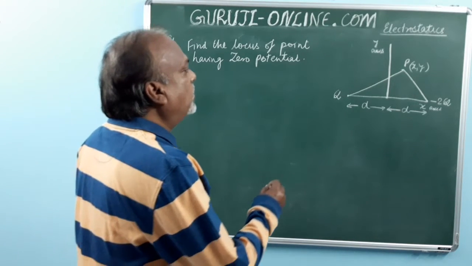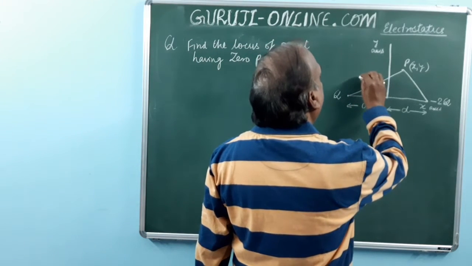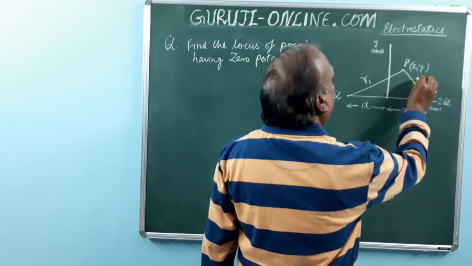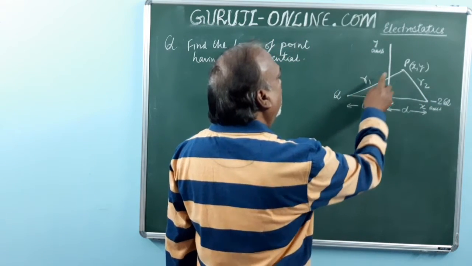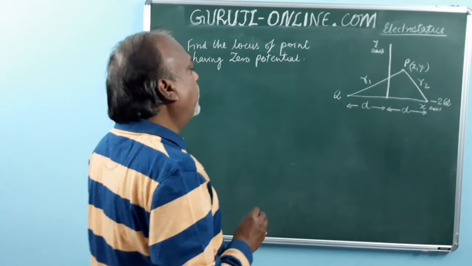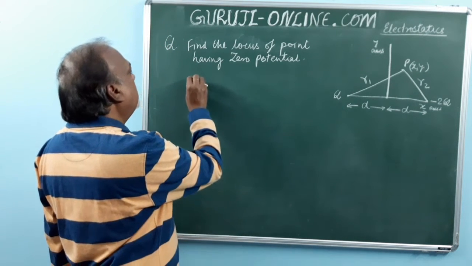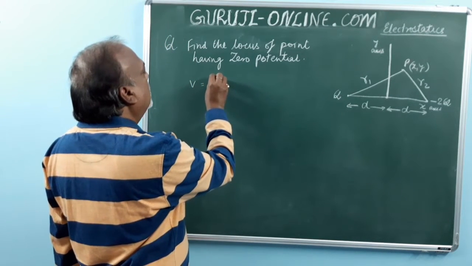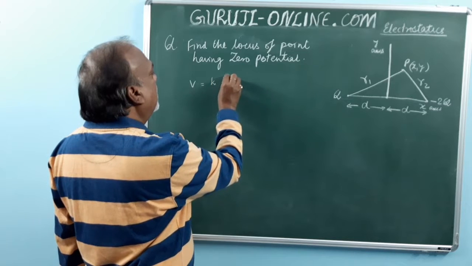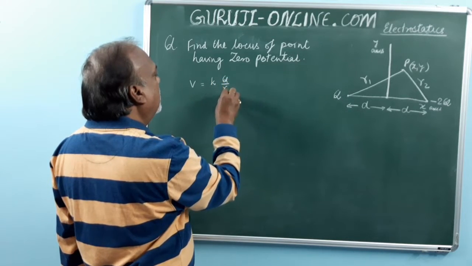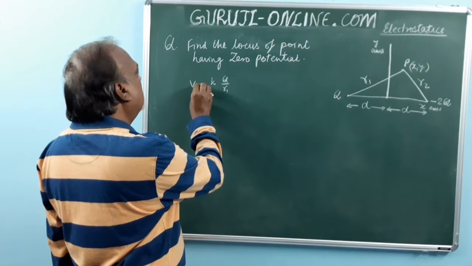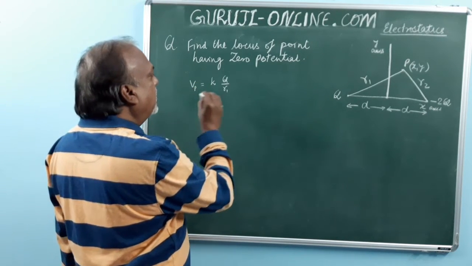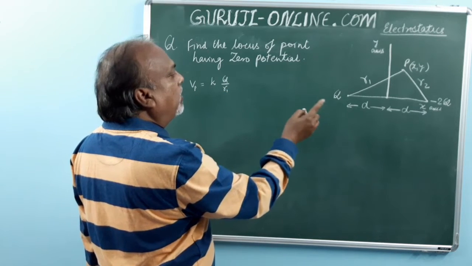So suppose this is R1 and this is R2. What will be the potential due to Q? K Q upon R1, and what will be the potential due to minus 2Q?